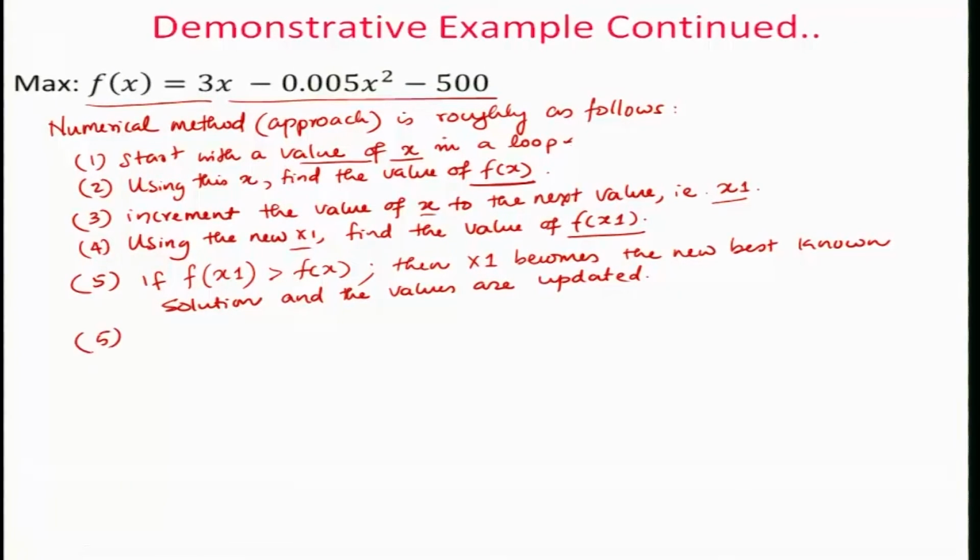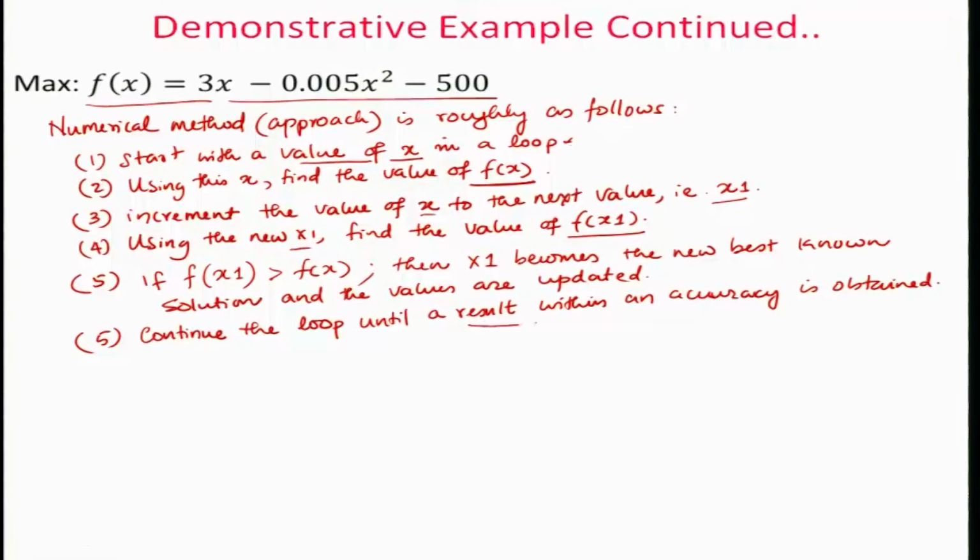Then the fifth step is, continue the loop. You repeat this process until a result within an accuracy is obtained. Here you are not looking for the exact result. So, with a reasonable accuracy we can actually get this.